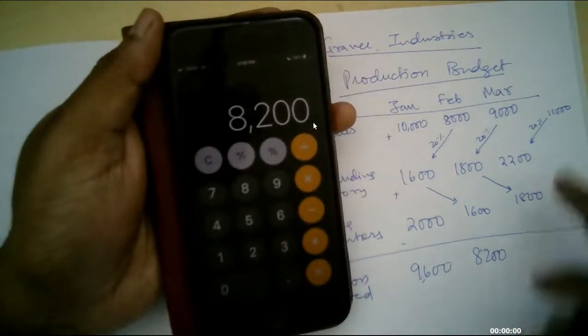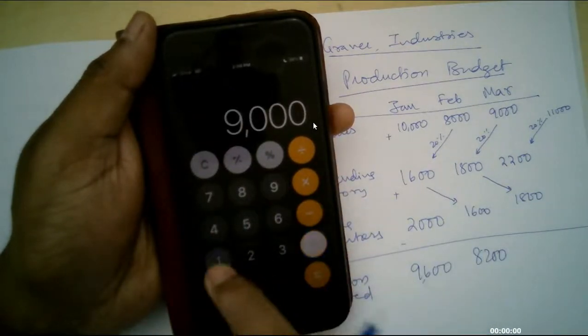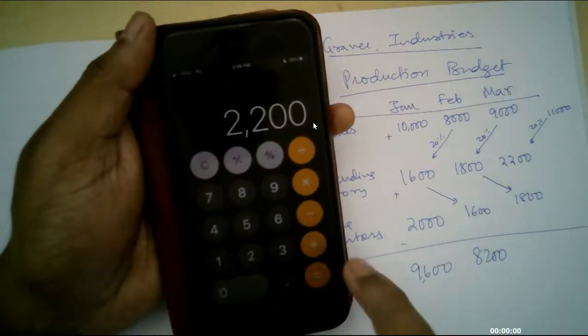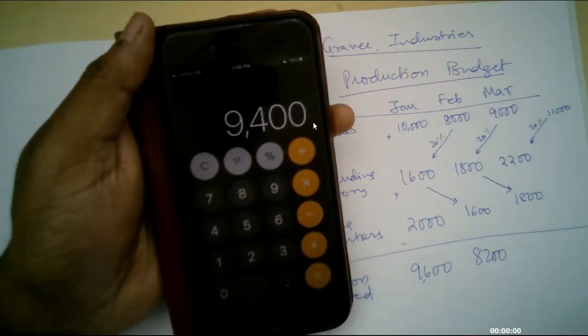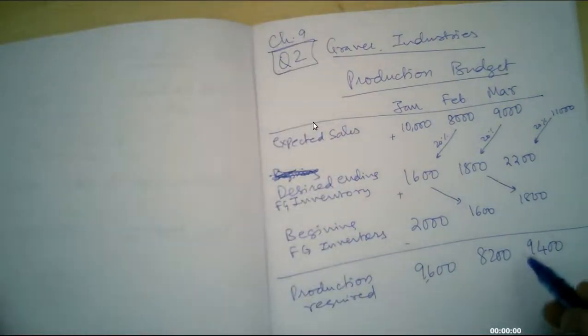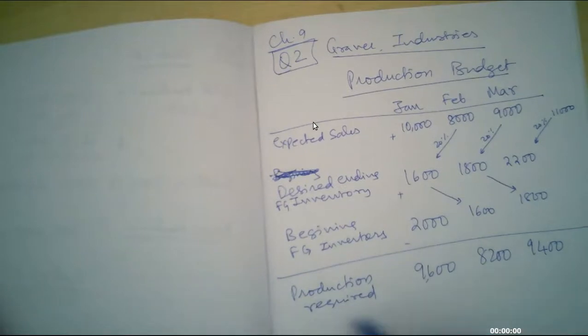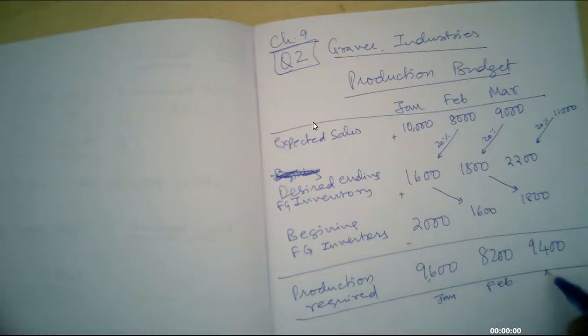What is the production required in the month of March? Same, 9,000 plus 2,200 minus 1,800. So 9,400. So this is the production required in the months of Jan, Feb, and March.